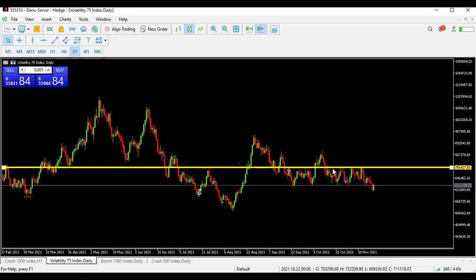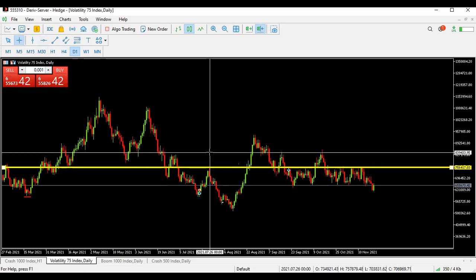Now, touch and bounce back. If you can see this, price touched here, one side here. If I put my cursor here, see the price touch here. This was January, February, March, April, July. Price got there and price left that.